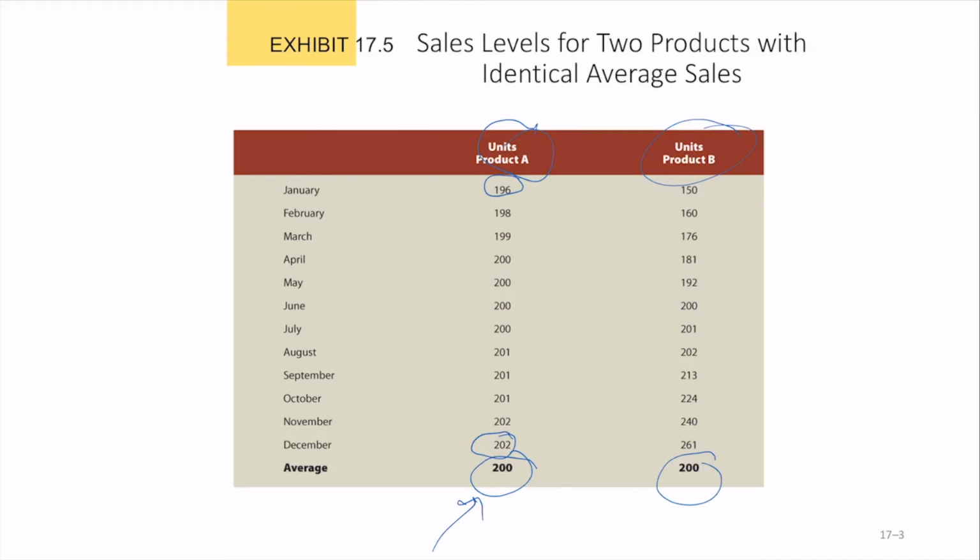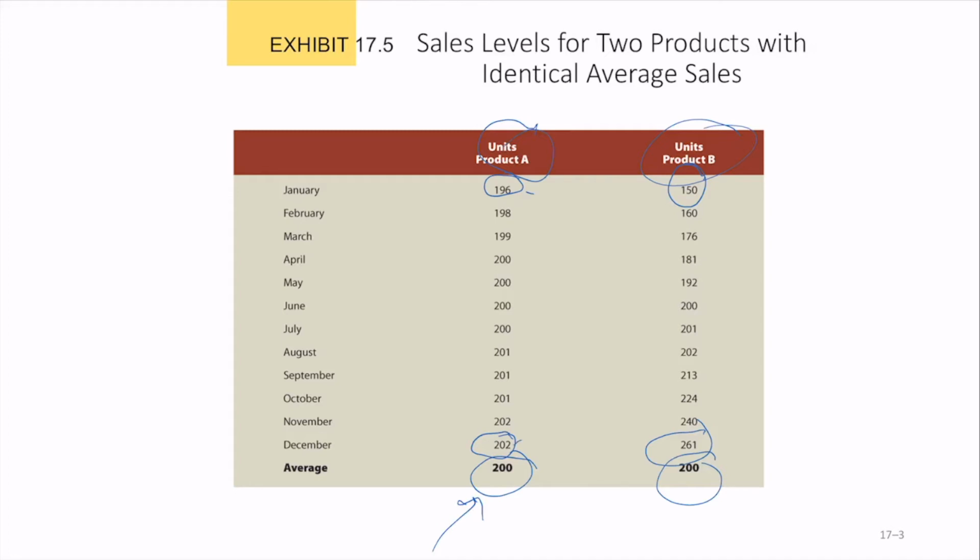But notice here, in product unit B, you have 150. And the end in December is 261. So what you have is a larger distribution, a larger range in product unit B than you do in product unit A. Look at the difference between 202 and 196.